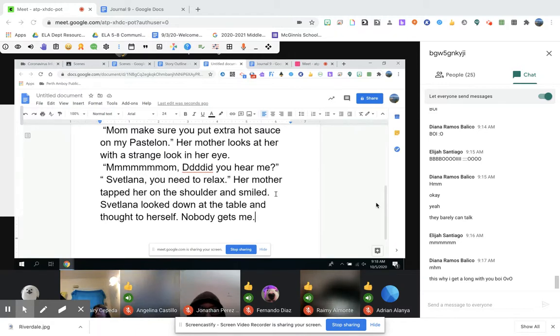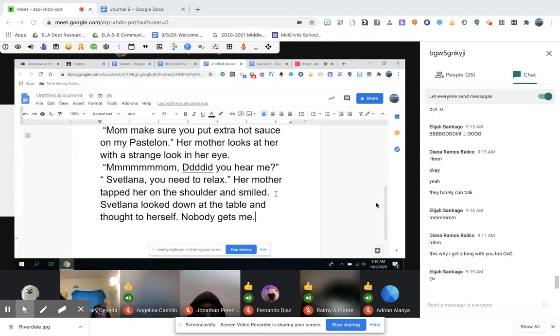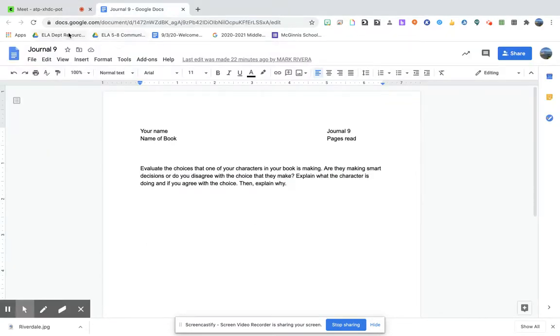When you go to do that, make sure that you're looking at what actions the characters can do, what words the characters can say, and what thoughts the character might actually think. Right? So you want to flesh out what your character is like.